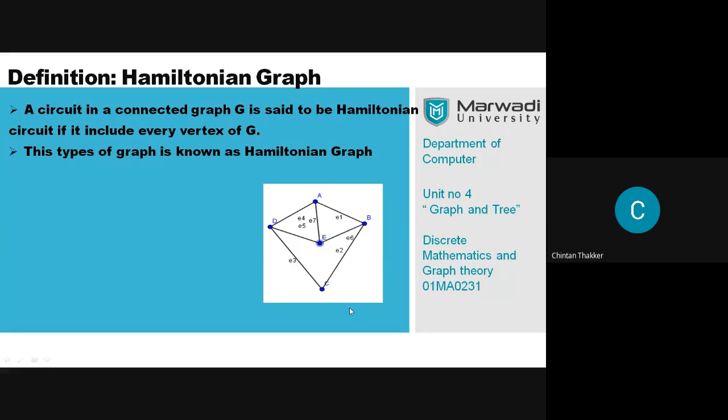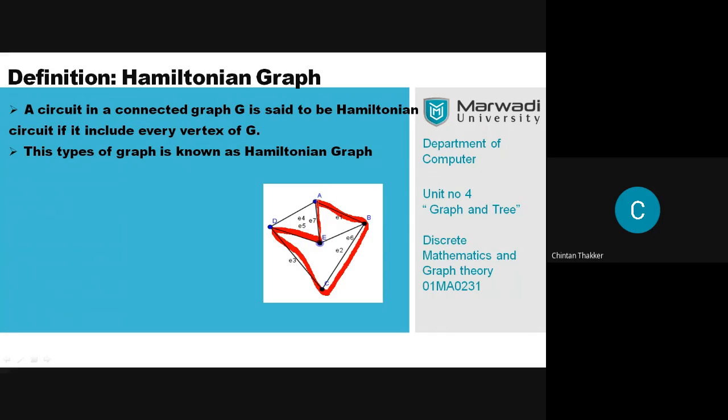Like this one. Here, if we find the circuit A, E1, B, E2, C, E3, D, E4, A, then this circuit contains only 4 vertices, the 5th one is remaining.